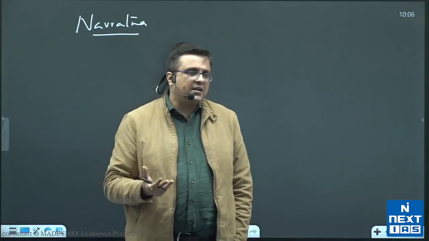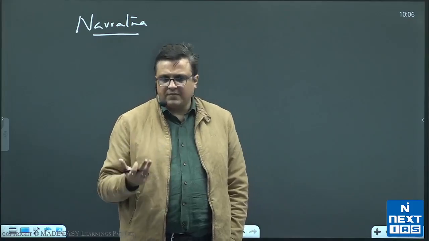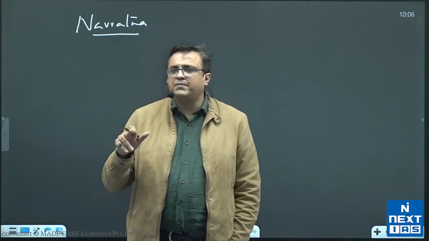All right, and they will have full autonomy to make appointments and to enter into new businesses and so on. That was the idea of Navratna. All right, and he selected 9 public sector firms. That is why he gave it the name Navratna, and he said that they will have the freedom.